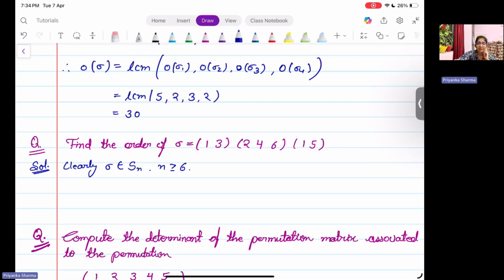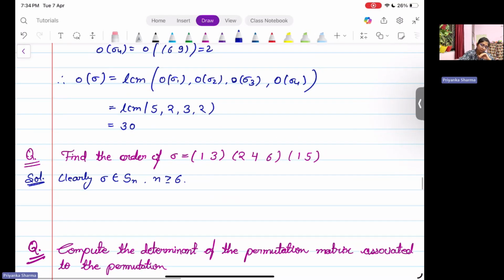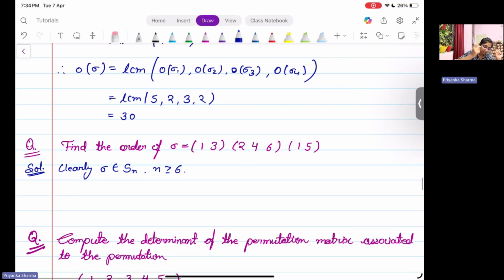But here, this form is not the cycle decomposition of sigma, because in a cycle decomposition of sigma, we need disjoint cycles. But these two cycles, (1 3) and (1 5), are not disjoint. See why I'm saying that.